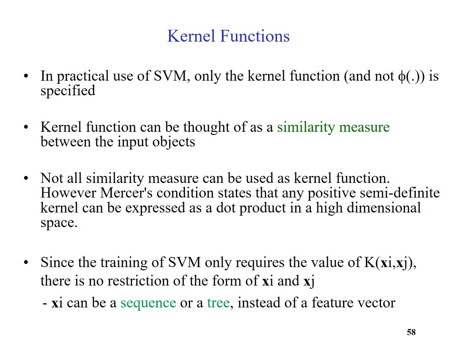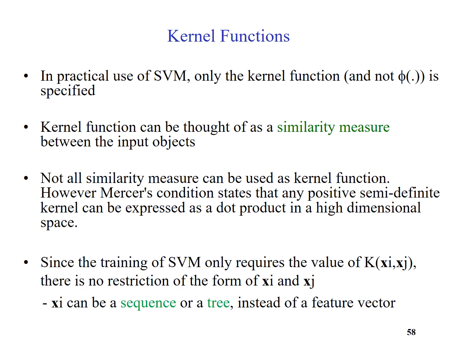And you want to apply SVM to that data type. Then what you can do is first come up with a kernel function for that data type. Let's say it is a network structure. Then you come up with a kernel function for that data structure.